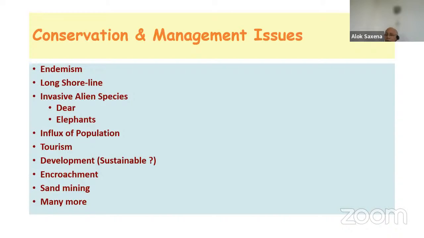And this Narcondam hornbill lays its nest somewhere in the middle of a tree, in the lower part of a tree, which is not very high. This is another important feature of the birds of islands. Normally, they lay their eggs on the ground because earlier there was no predator. The Nicobar megapod is there in the Nicobar.